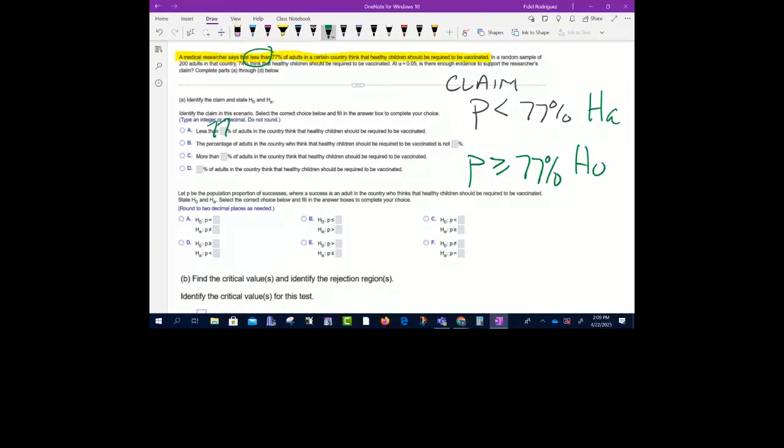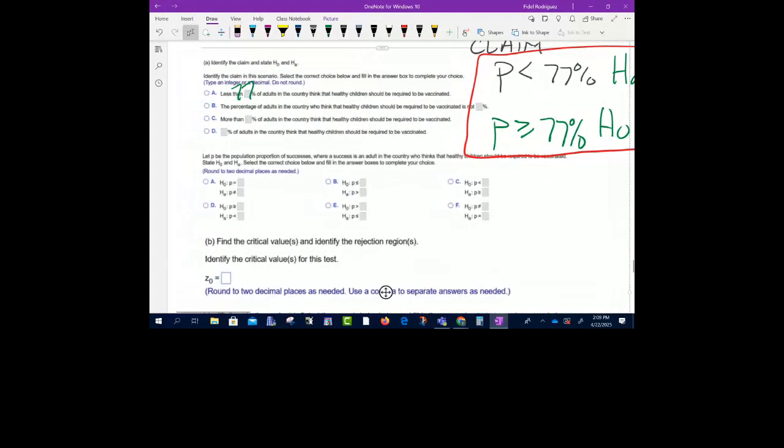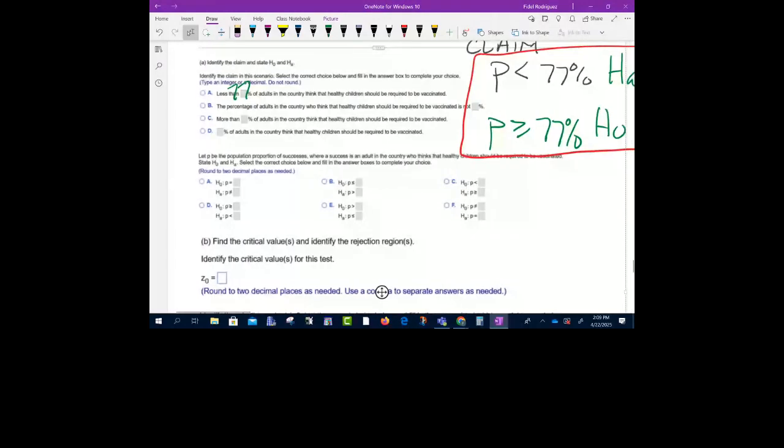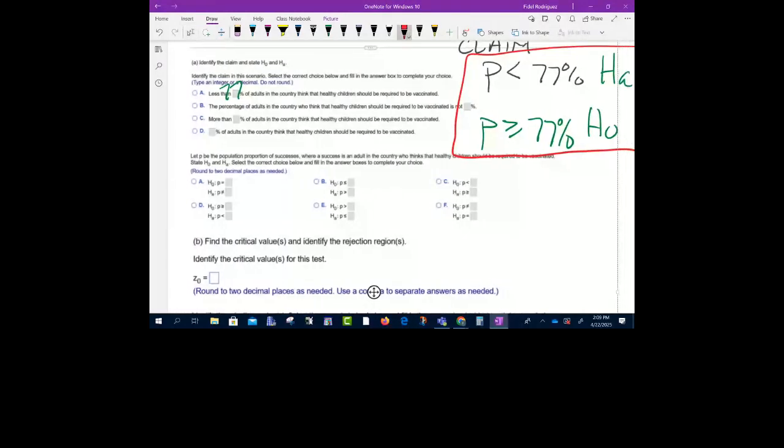So now, y'all, I want you to look at what I wrote right here. And I want you to look at the choices that we have on the next part, okay? So when I look at the next part, y'all, I got these choices here, A through F, okay? The Ha should be less than.